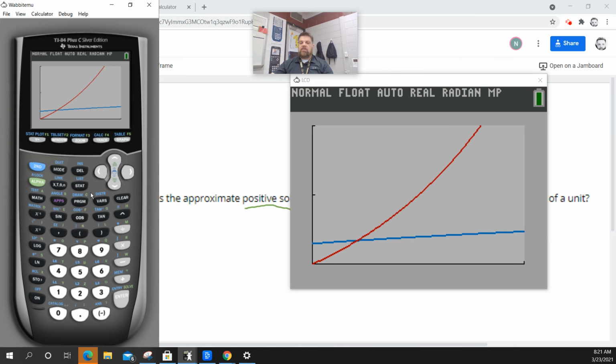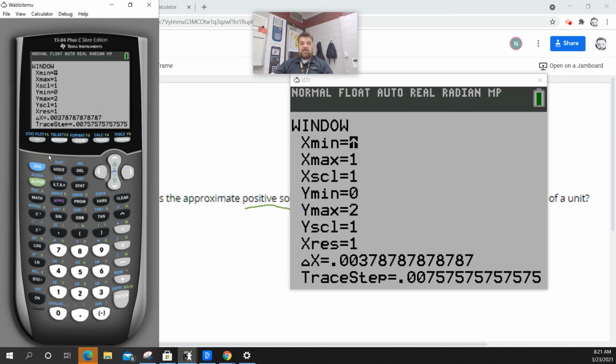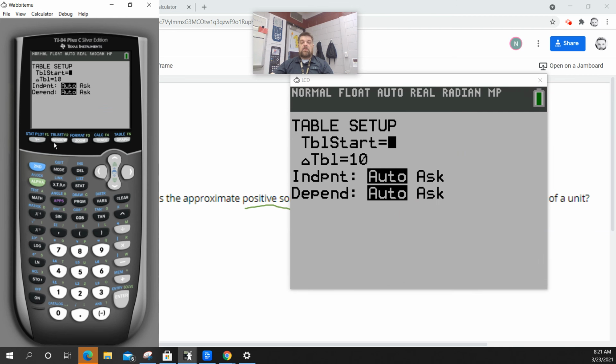Well, so how do I approximate that with the table of values? Well, what I could do is I could go in here and I can hit second, then table set. Where do I want to start? I could start at 0.5. No, I could start at 0. And I want to have my increment go to 0.05, like that.